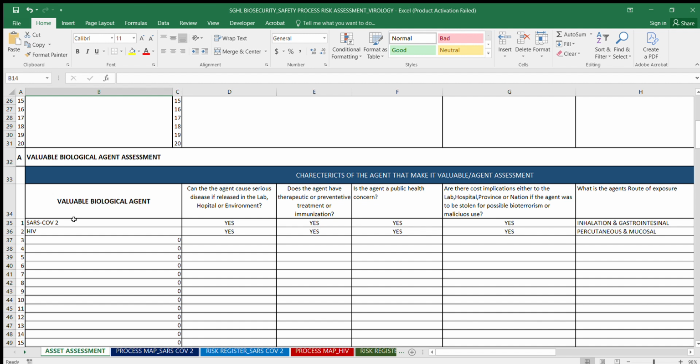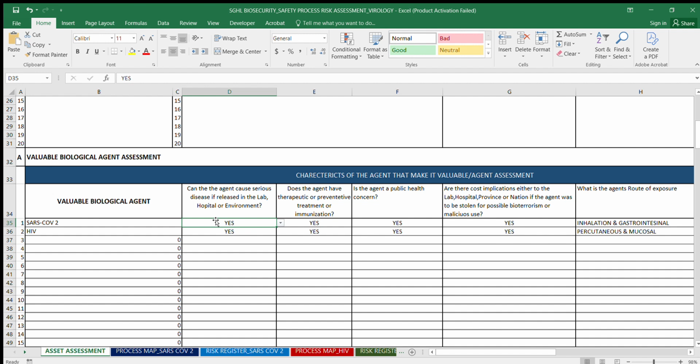So let's look at these biological agents that we've identified. We're going to look at SARS-CoV-2. Under the agent characteristics or asset assessment, you're looking at the characteristics of the agent, but you're also asking certain questions that tell you how valuable it may be to an adversary.